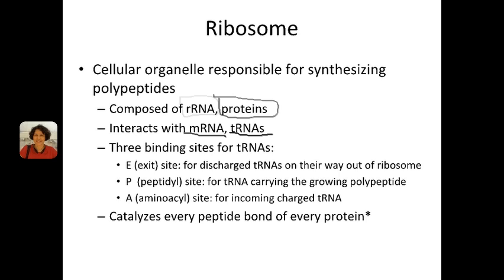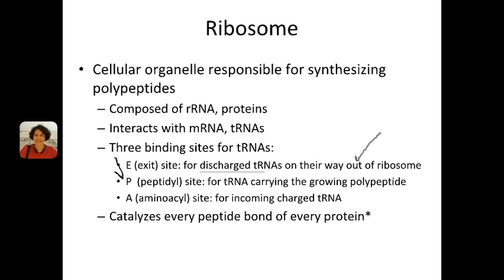The ribosome has to interact both with messenger RNA and with tRNA. And in order to do that, for the binding for the tRNAs, it has 3 different binding sites for tRNAs. One is called the exit site, or the E, and that is for tRNAs that have already given up their amino acid. They're discharged, and they're on their way out of the ribosome. Next to the E site comes the P site.